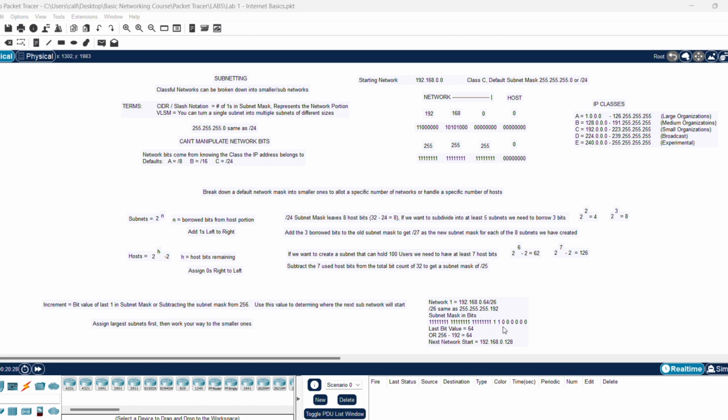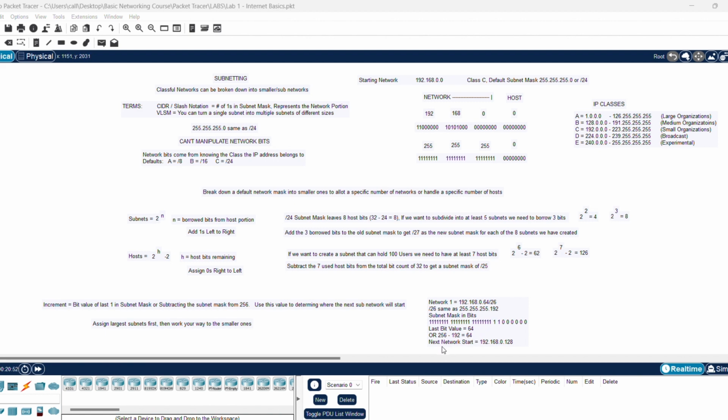So the last bit value right here, if we went down, we'd have 1, this one's 2, then 4, then 8, then 16, then 32, then 64. Or we could do 256 minus that subnet value of 192 that's in the last position, and that would also give us our 64.